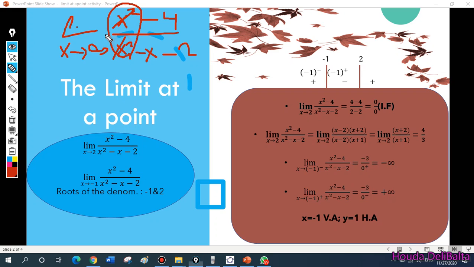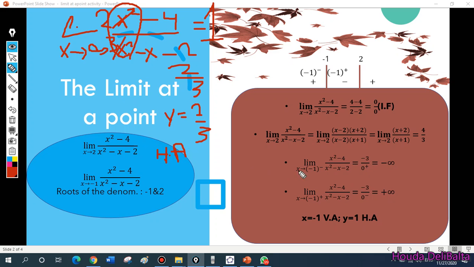When we simplify them, the answer is 1. That's how to deal with limits at infinity. For example, if we have 2 over 3, the limit will be 2 over 3 at infinity, and thus we say that y equals 2 over 3 is a horizontal asymptote.